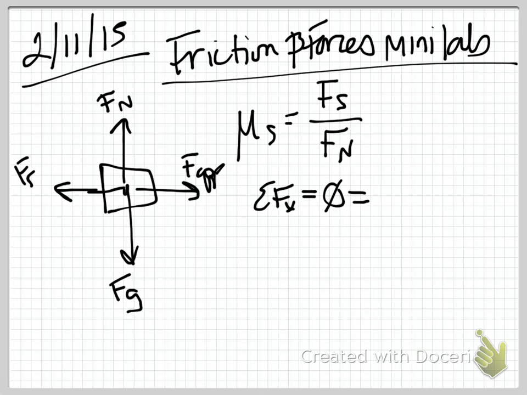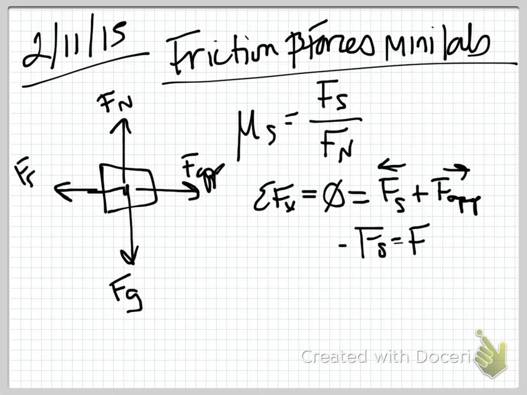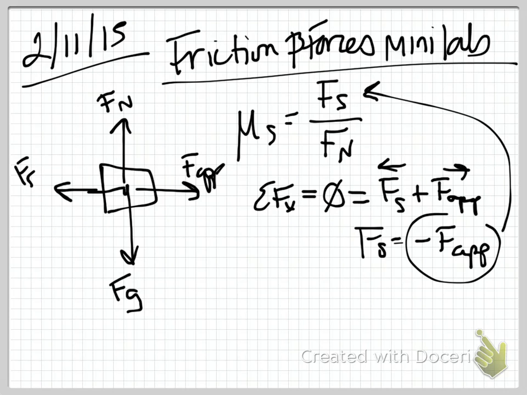And the only two forces on the x are the force of static friction and the force applied. They're opposites. They have to be equal and opposite. So we know that the force of static friction equals the negative of the applied force. And so there you have something you can put in there.